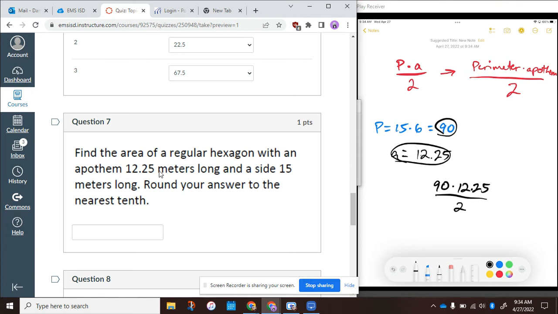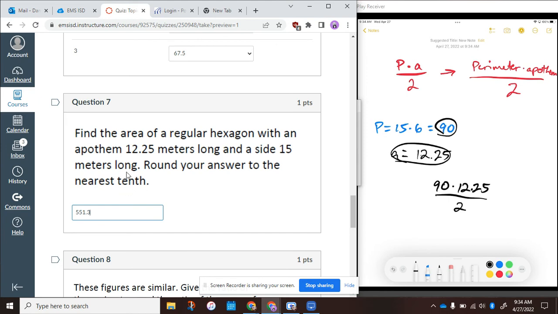We punch that into the calculator, and I get a total of 551.25 if we're rounding to the nearest tenth. Remember that we need to keep that at one decimal place. So that's going to give us a total of 551.3, rounding that up so that we're at the nearest tenth.